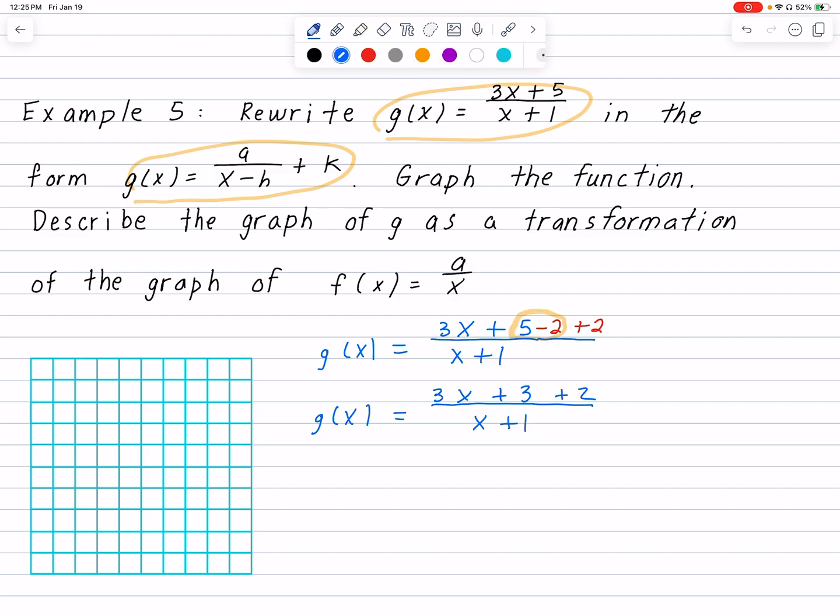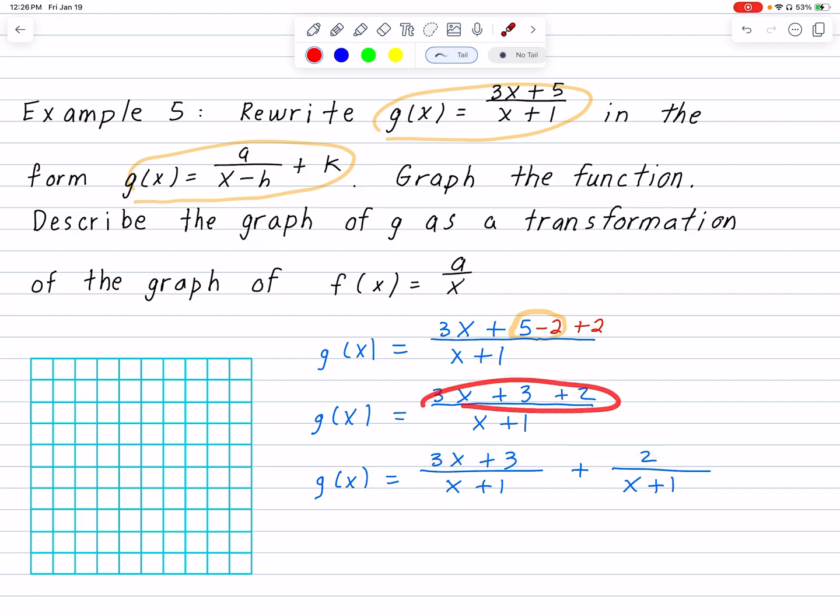From there, I'm going to split this up. I'm going to write this as 3x plus 3 over x plus 1 plus 2 over x plus 1. And think about why I can do that. When the denominator is the same, what do we do when we add? We keep the denominator and add the numerators. I'm just doing this in reverse now. I've added the numerators, and I'm now going backwards.